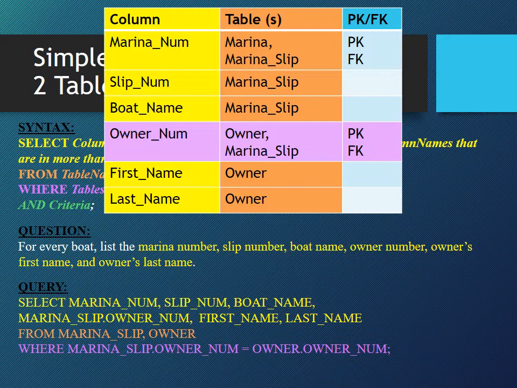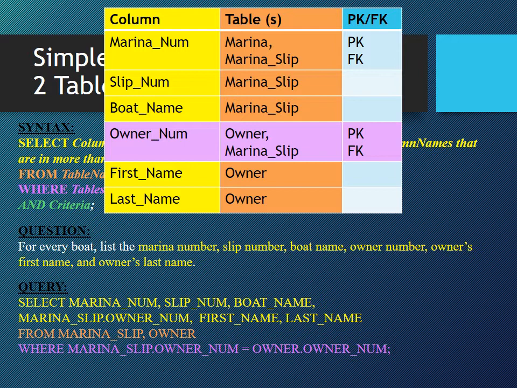For simple queries, it does not matter which table you use for qualifying because the results will be the same. In this case, I will put owner.ownerNum in place of ownerNum to indicate I have qualified the column. If I don't do this, I will get an error message returned from the mini server that says ambiguous column.